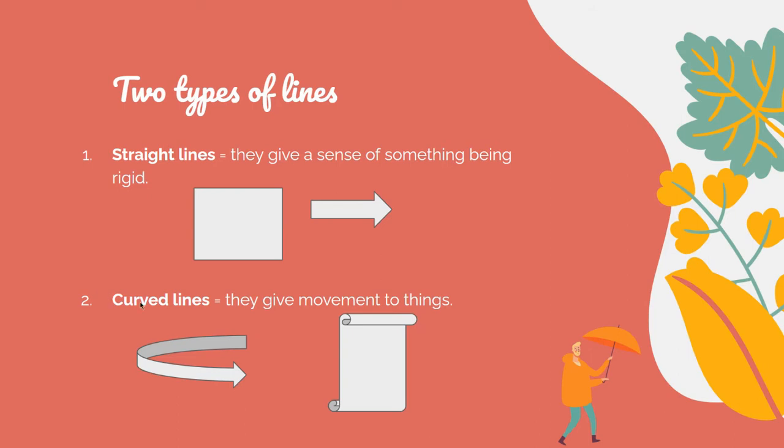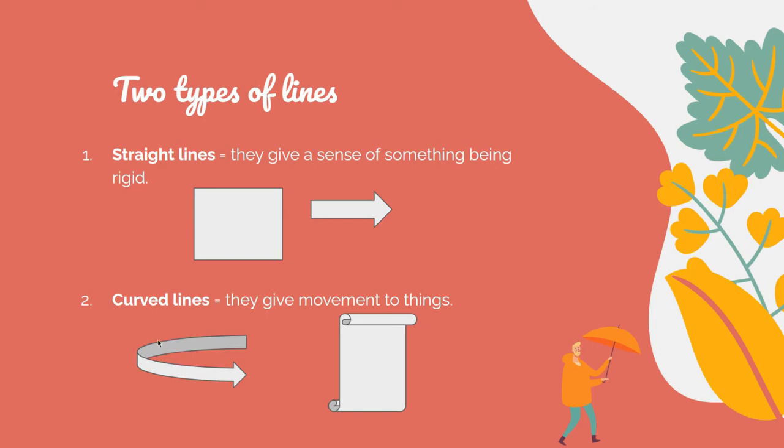And then you have your curved lines, and they give movement to things. So even though this is an arrow and it's supposed to be straight like this, if you use a curved line like this one over here, then it gives movement to the arrow. Curved lines give movement to anything.